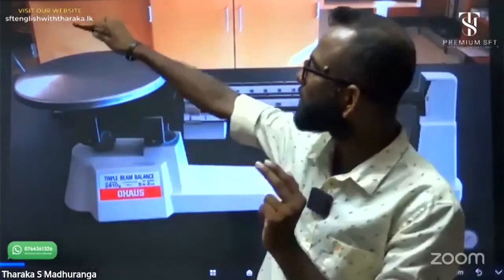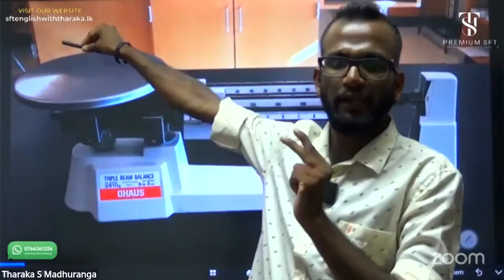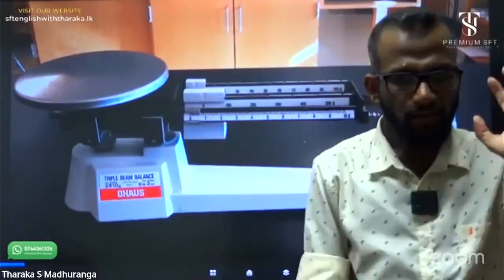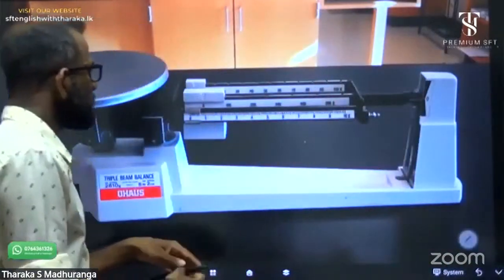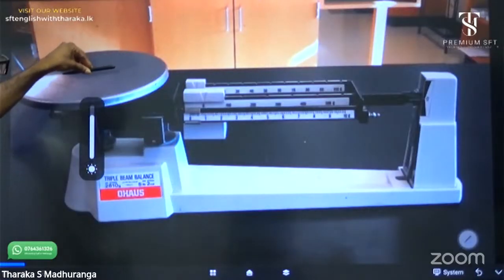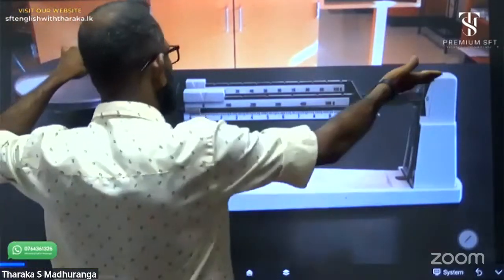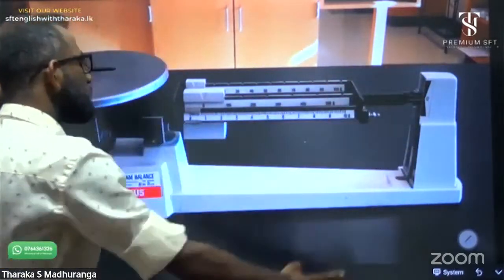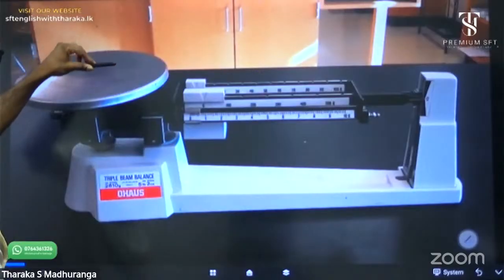Third step, place the object on the measuring pad. Now, according to the lever principle, when I place any object on this measuring pad, what happens to the pointer? Is it rising up or moving down?